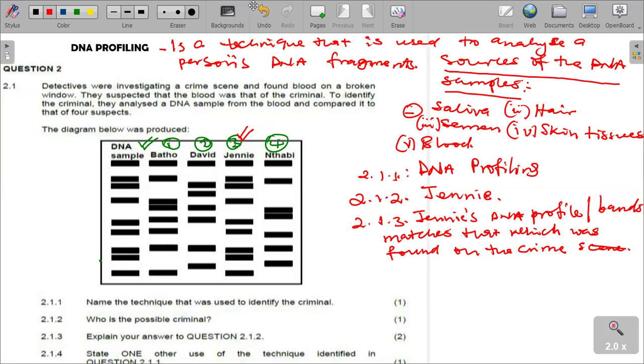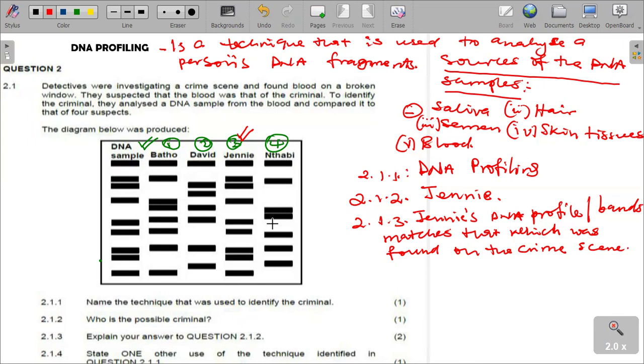It is similar to that which was found on the crime scene, the DNA profile or bands of Jane. Hence, we are saying he is the possible criminal here.